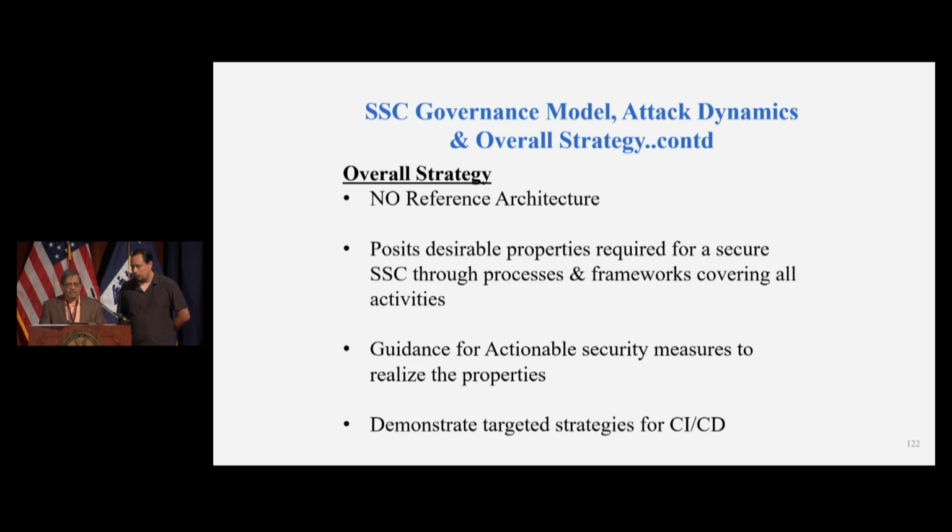So instead, we decided to get at the fundamentals of the desirable security properties that we expect from a software supply chain, and then provide guidance for actionable security to realize those properties. We also demonstrate the whole methodology in the context of CI/CD pipelines, because DevSecOps is increasingly being used for developing cloud-native software, so we could use CI/CD pipelines as a case study demonstration.